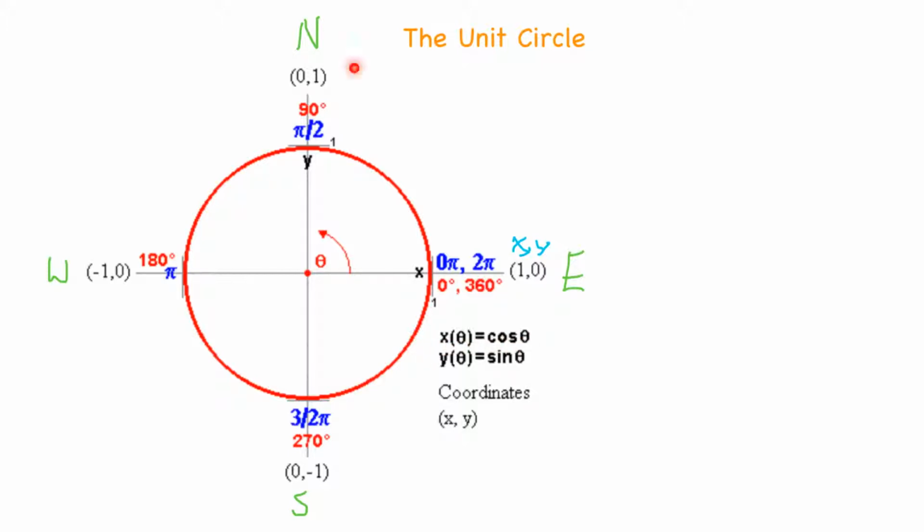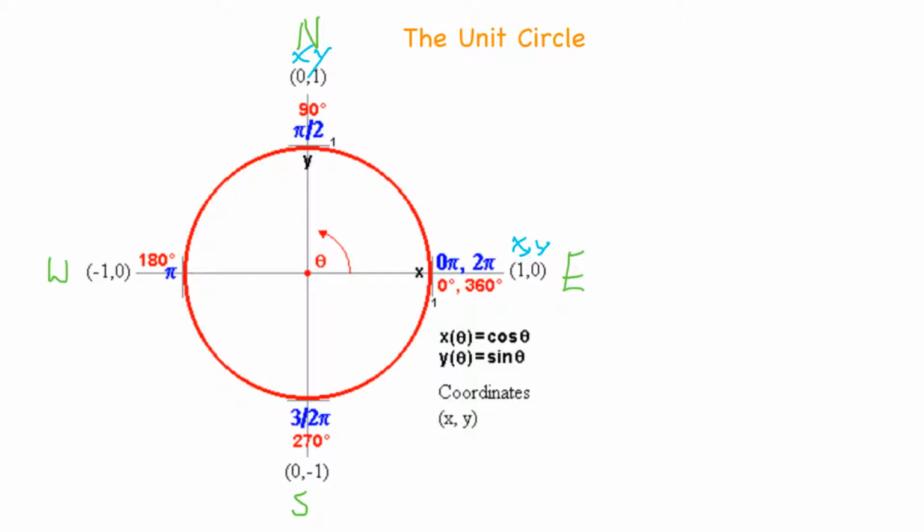Alright, so look at your ordered pair here. The x value is 0 and the y value is 1. So in your calculator, when you take the cosine of 90 degrees, the calculator should tell you 0. If you take the sine of 90 degrees, your calculator should tell you 1.